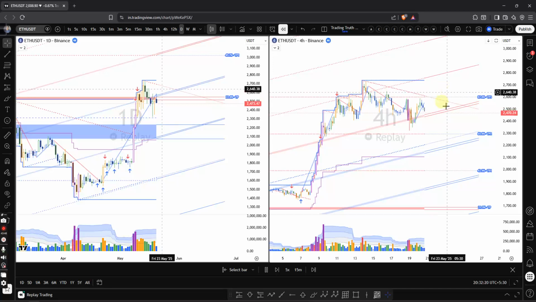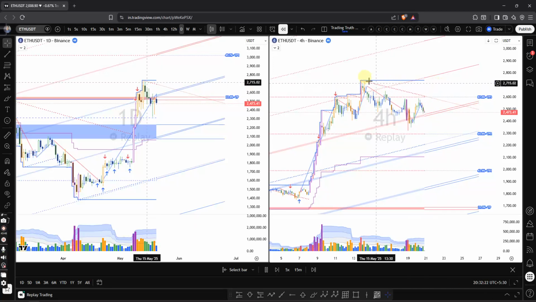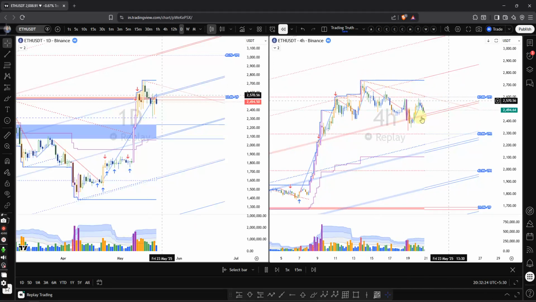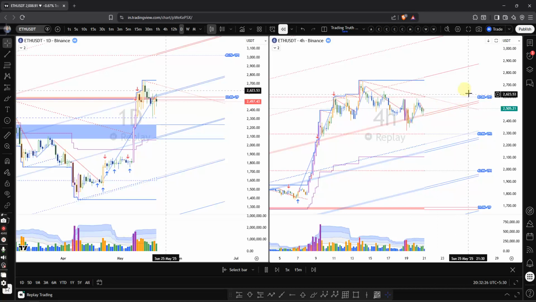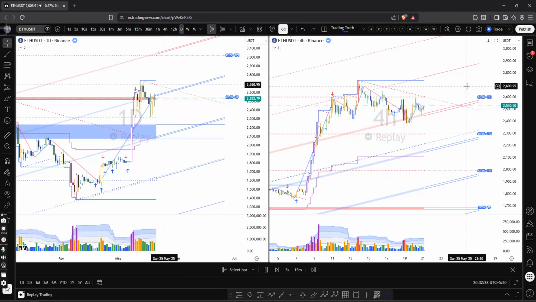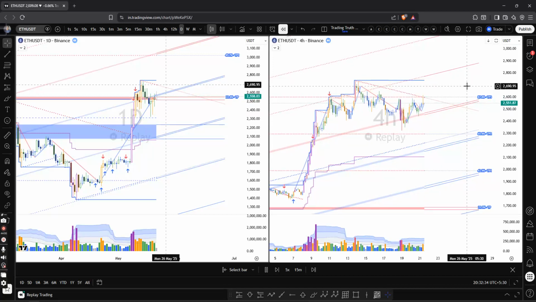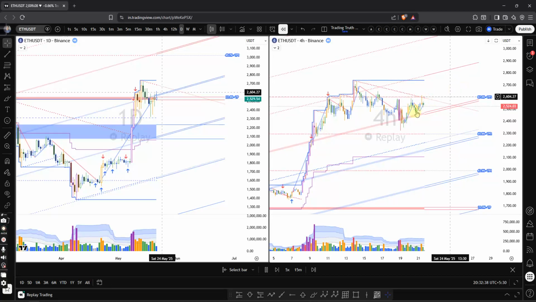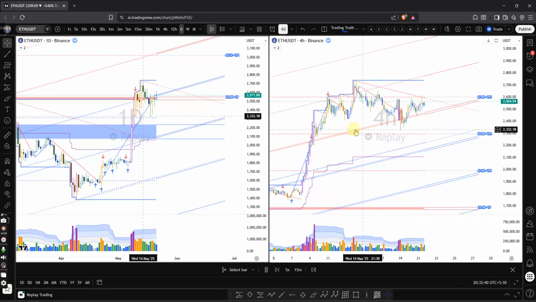So yeah, resistance coming here, support. This is like resistance becoming support.